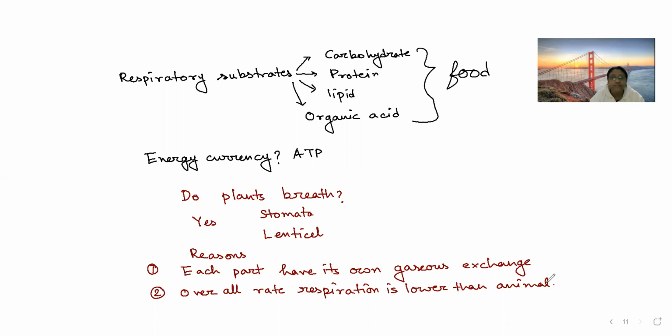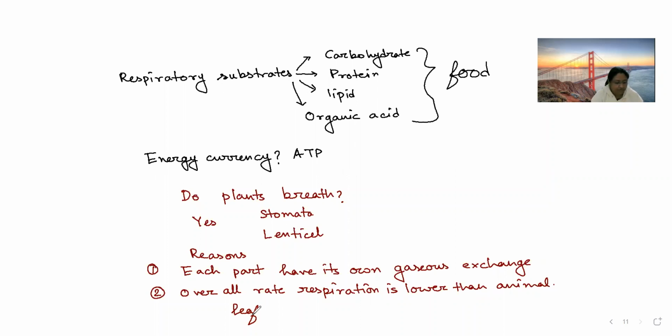Leaves are the site where maximum gaseous exchange takes place. As you know, in chapter 6 we studied the anatomy of the leaf. There you observed that spongy parenchyma tissue has gaps, which ensure that gas has paths to move. Apart from that, the flat surface of the leaf increases the surface area, so that gaseous exchange can be very easily done in plants.